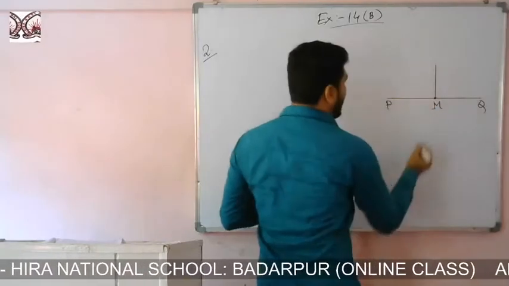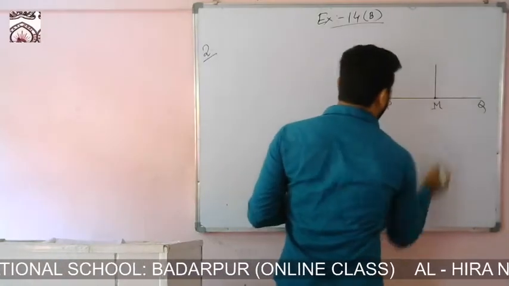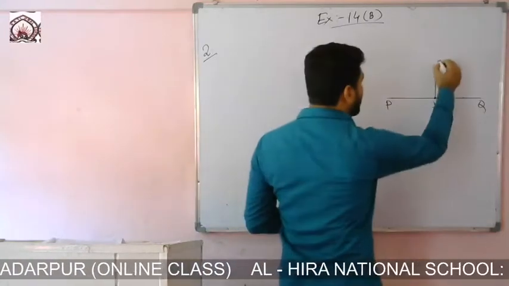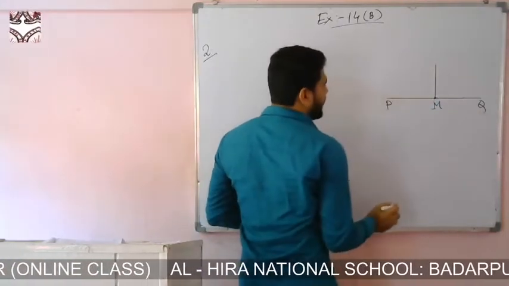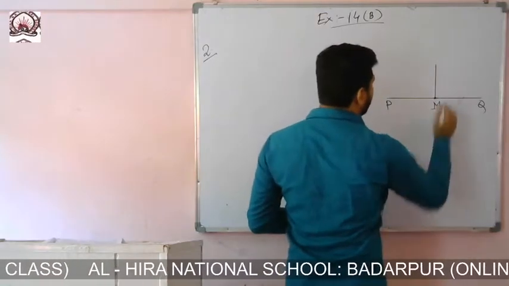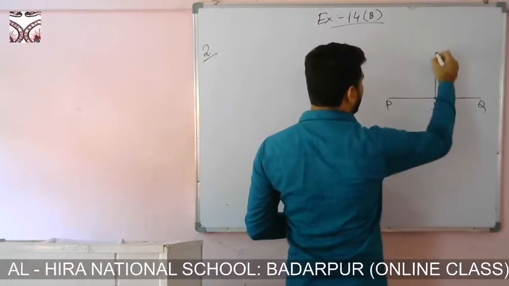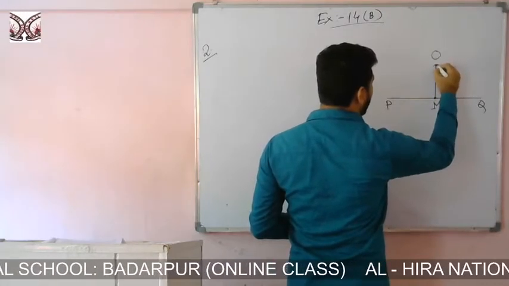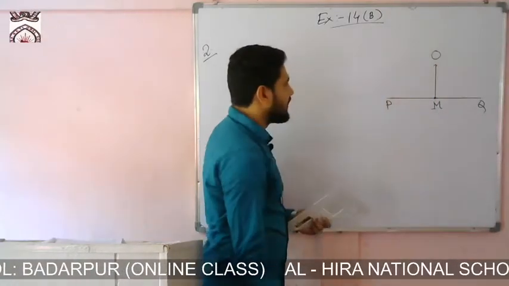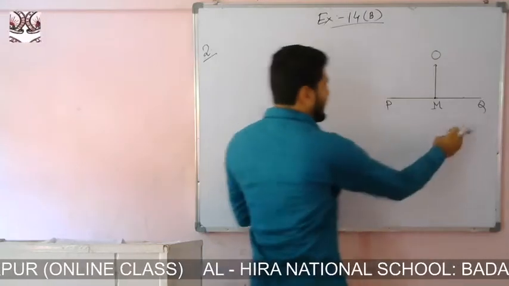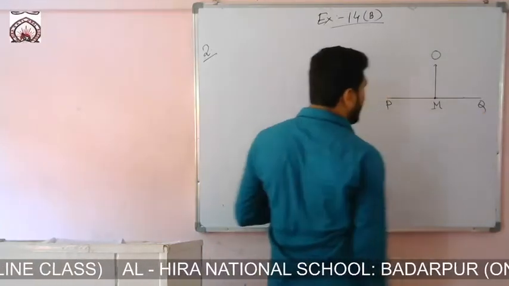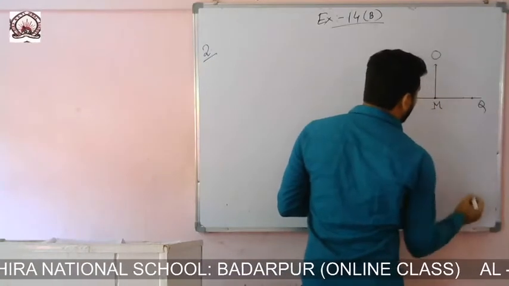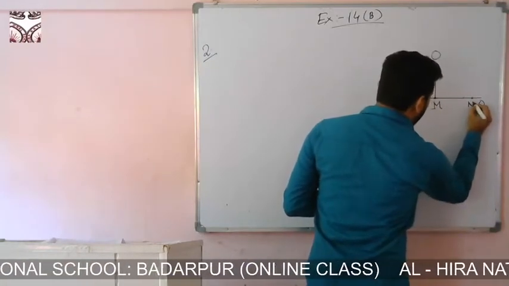Okay, that is perpendicular. Suppose this is O. And this was the line PQ. Take a point N here, and you mark it N.